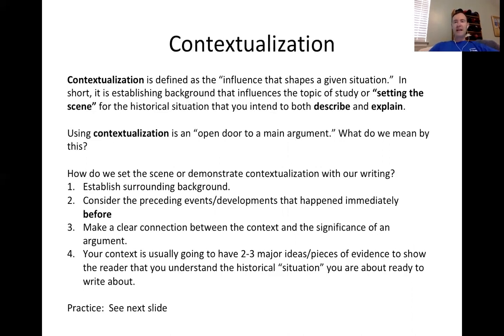So preceding events and developments that happen immediately before, that's probably where most of you will go with your establishment of context, and it makes a clear connection between the context and the argument. In other words, you're not just putting in a bunch of facts and then doing a thesis. It needs to be connected.